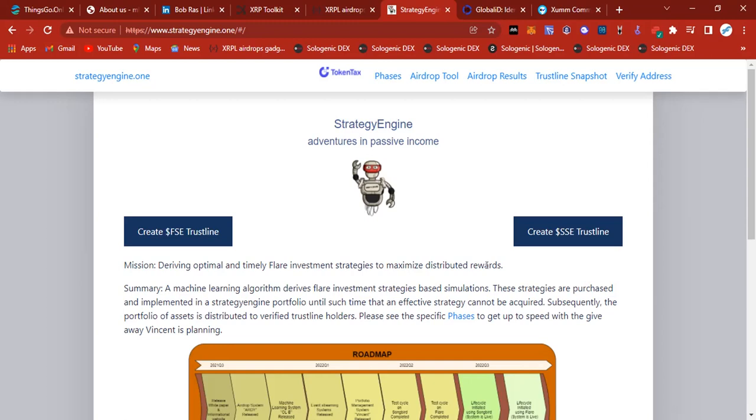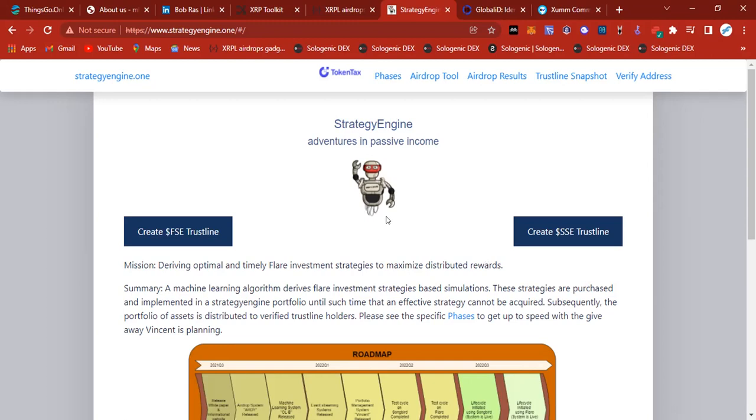These strategies are purchased and implemented in a Strategy Engine portfolio until such time that an effective strategy cannot be acquired. Subsequently, the portfolio of assets is distributed to verified trust line holders. Please see the specific phases to get up to speed with the giveaway Vincent is planning.